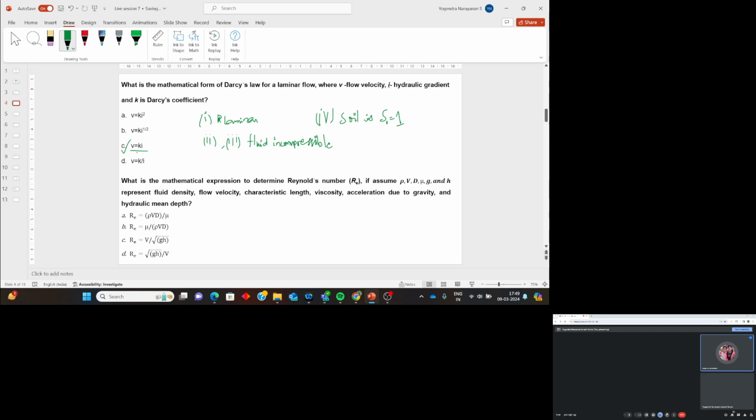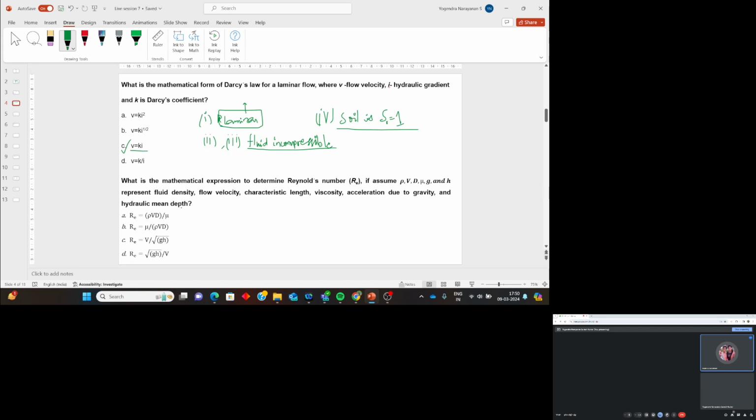So this simple Darcy's law is valid for saturated soils for a flow of incompressible fluid with a normal pressure temperature condition when the flow is laminar. So what is the condition for laminar flow? Reynolds number less than 1.